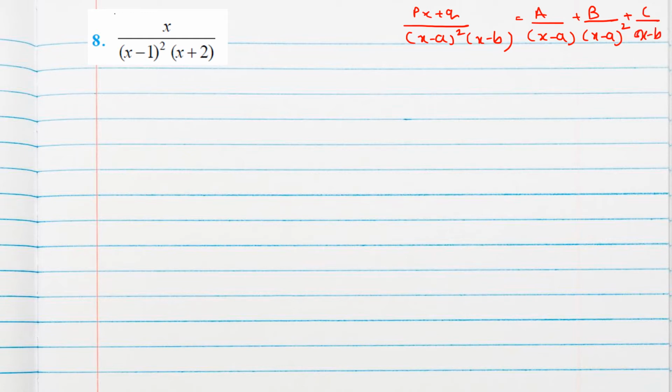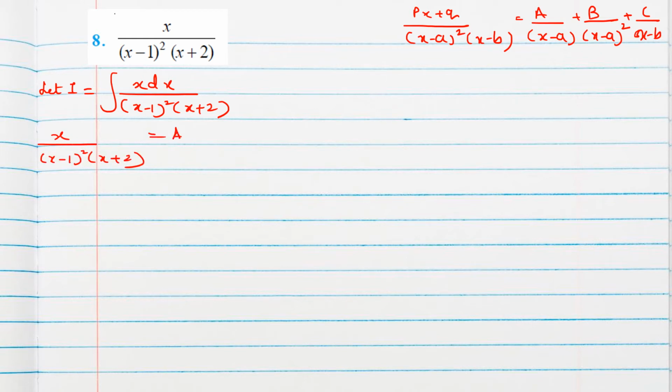So here also, first let the integral be I. Okay, so partial form we can write for this fraction form as a by x minus 1, b by x minus 1 square, and c by x plus 2.